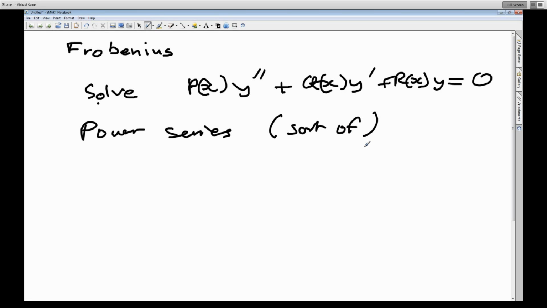If you can write down a power series solution for this, then power series only work if the function is called analytic. If you've done complex analysis, MTH418, you would have seen some of these words in full generality.